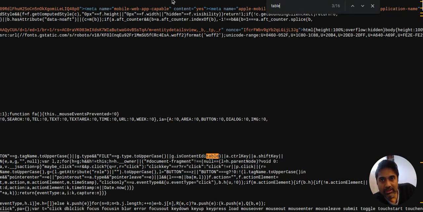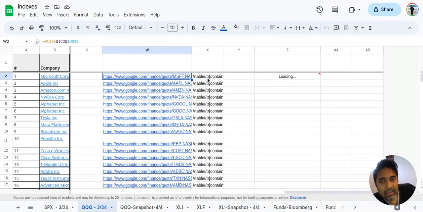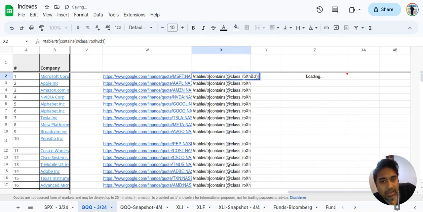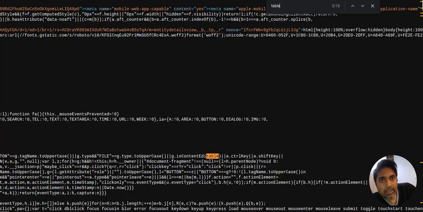here, if I go back to this table again, you can look for this thing here, and it's going to tell you this class ROXP. So you can actually find out yourself. Just search for this, and it's going to take you there in the source.